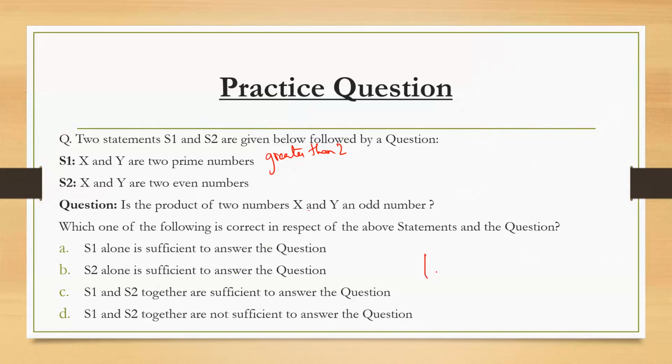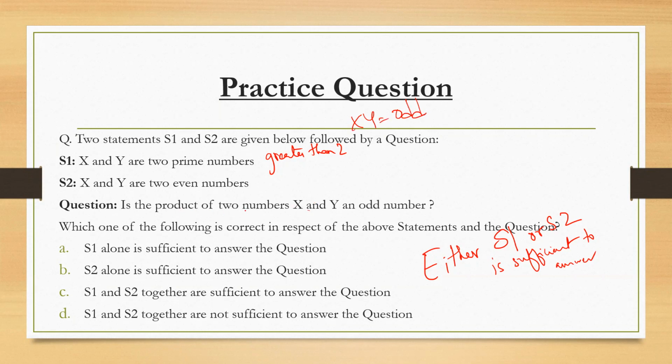Yes, exactly, that is the point, either here. ठीक है, here you don't have the option, but either S1 or S2 is sufficient to answer my question. Are you getting this everyone? क्योंकि यहाँ पे जब हमने क्लियरली मेंशन कर दिया कि prime numbers greater than 2, that means what, xy will now only be odd.